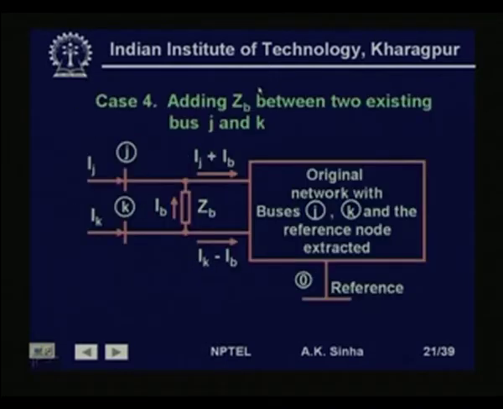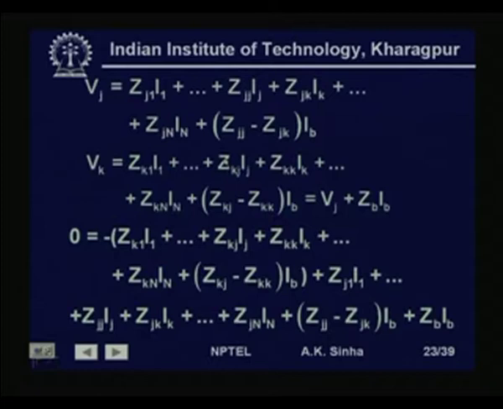The current injection at bus J is Ij plus Ib. So, we will get Zjj into Ib, and at bus K we have Ik minus Ib, so Zjk minus Ib. So, this we have written as Zjj minus Zjk into Ib at the end.